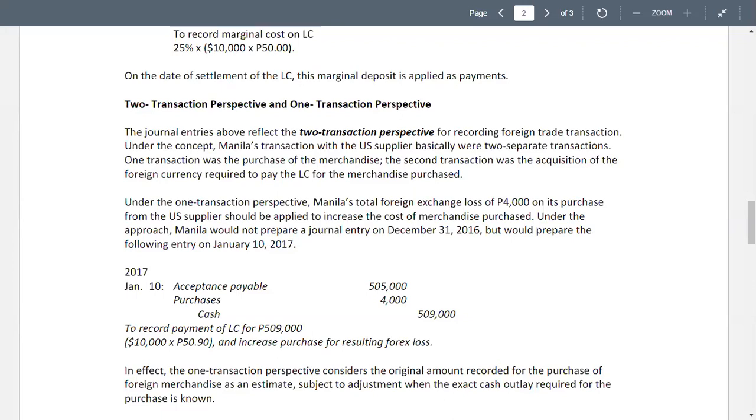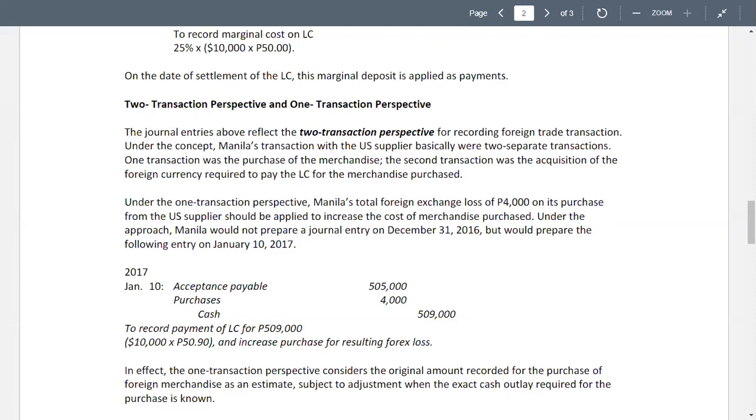Next, number 3, currencies are commodities. Number 4, the actual changing of one currency into another currency is called conversion. The actual changing of one currency into another currency is called conversion.